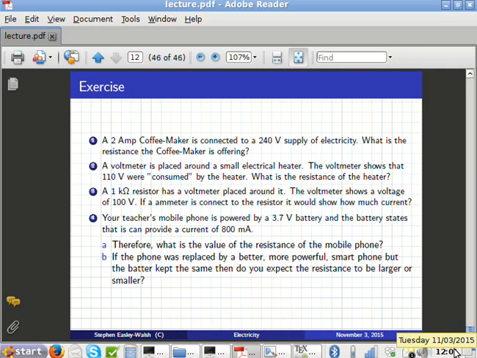I equals V over R. So that would be 6 over 2, which is 3. The I is 3. Okay, that's the first part.